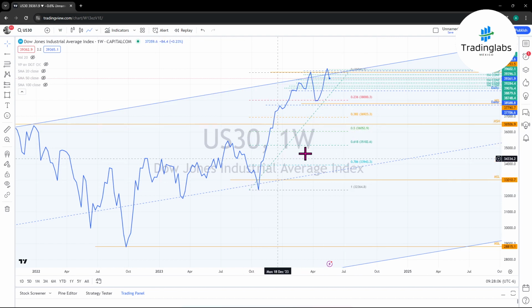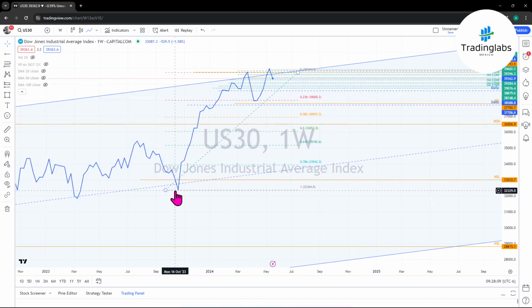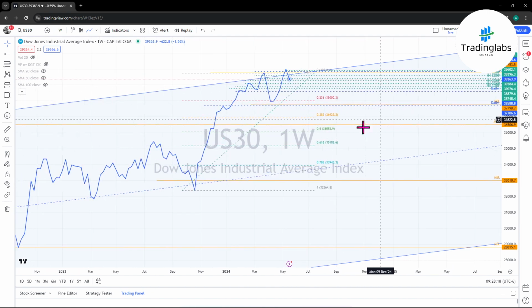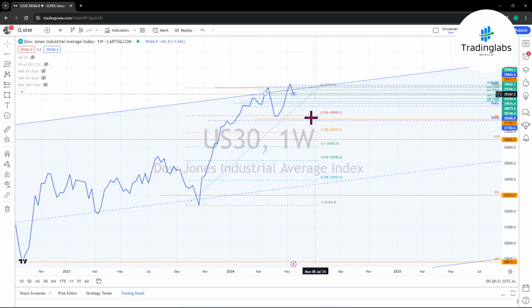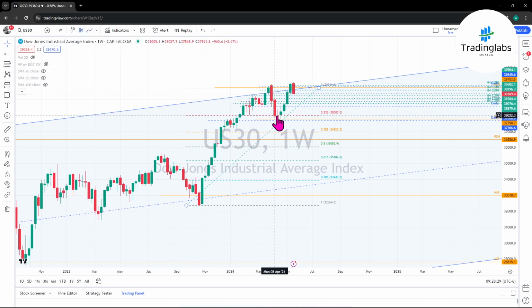Okay, we can see that the market from this low to this high retraced at 0.236 of this weekly Fibonacci extension. All right, this is a key level. That's why we can see the market react with a daily support, monthly swing low, or swing high, swing low, plus the confluence of the Fibonacci extension. That's why the market made it work here.